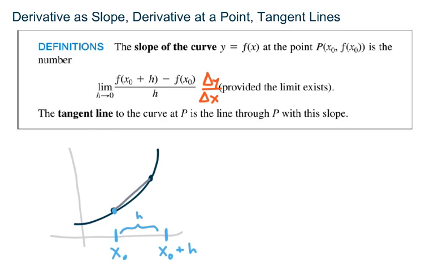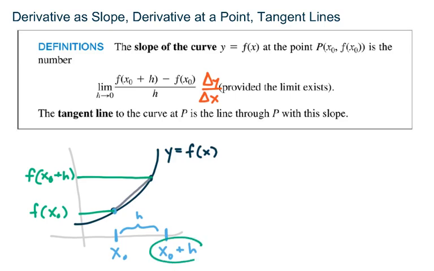So what would those output, the y values, be? Considering this is a curve, we're dealing with y being a function of x. So my output value would be f of x sub 0. And then my second output value would be f of x sub 0 plus h, because that's my input that I'm plugging in there.